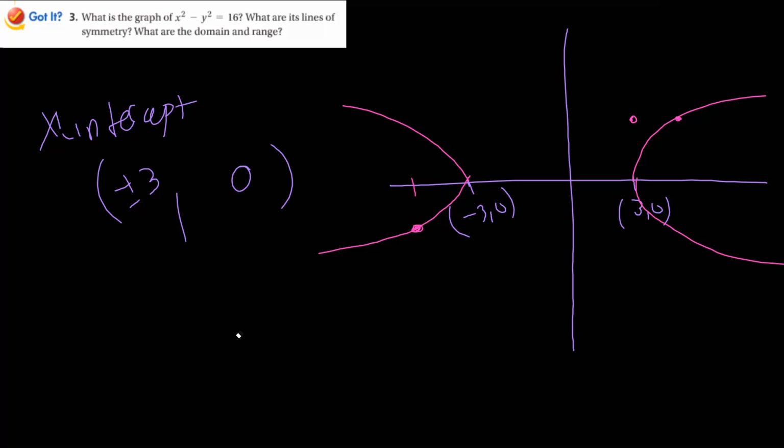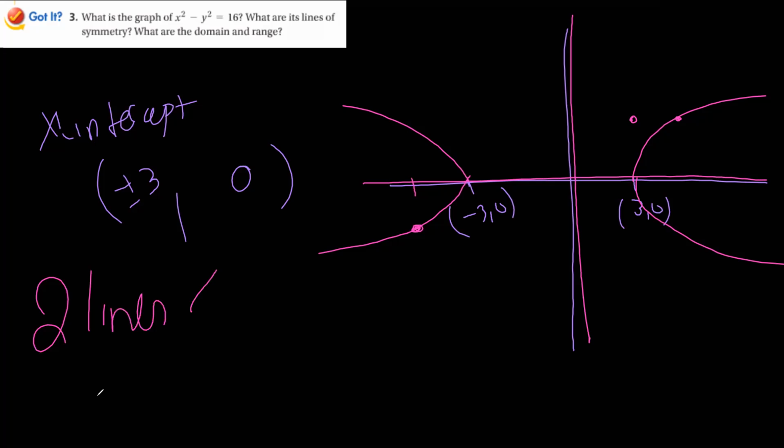Do we have one or two lines of symmetry? Two lines. Why two? Because this one will be a line and this will be another line. So because of that, we have two lines of symmetry.